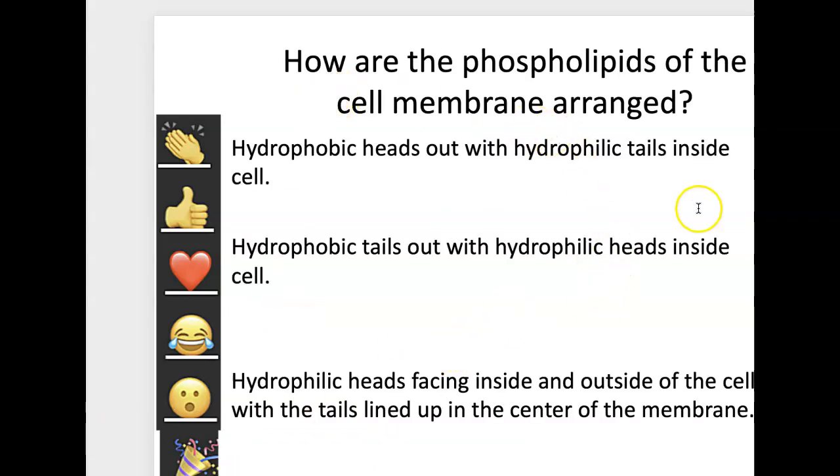This one I don't use as a test question very often. The phospholipids are arranged so the hydrophilic heads and the hydrophobic tails are lined up facing the extra and intracellular fluid, and the tails are in the center of the membrane. This center throws people off, so I've stopped using it as a test question.